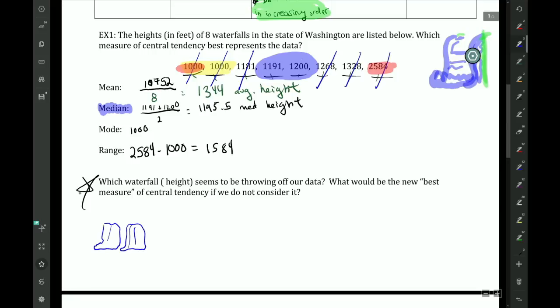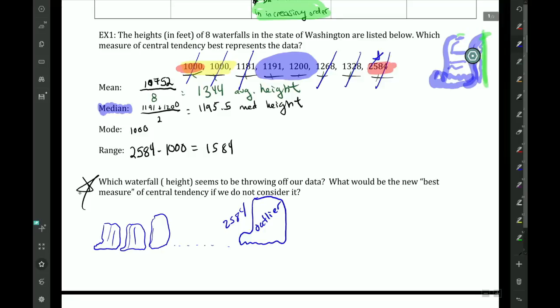You see another one a little bit bigger, and so on and so forth, until you get to the last one, which is 2,584, and you're like, wow, that one is spectacular. It is the one throwing off our data. We kind of call it an outlier because it is just different than all the other ones. It's just phenomenal, or maybe it's something we're not really wanting to consider.